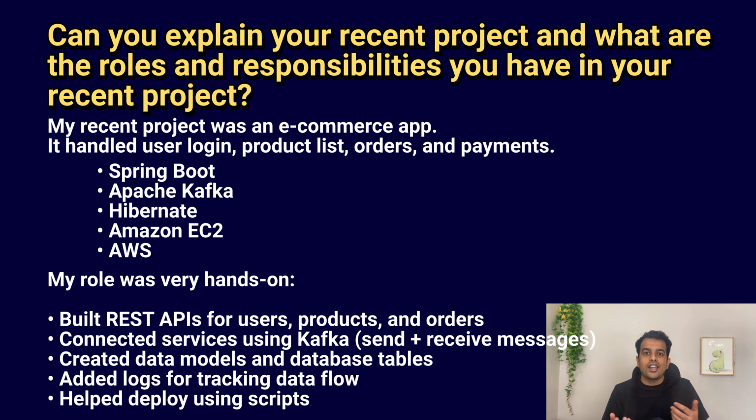Then I used to connect the services using Kafka. I used to send and receive the messages using publisher and consumer. Then I used to create data models for database tables, and add logs for tracing of data flow. I was also involved in the deployment of the application, so I used to write the deployment script for the application. There are many such things you can tell in your answer.